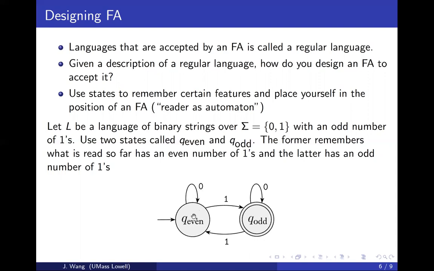If it's zero, then you remain the same. If it's one, from even, you add one, of course, you move to odd. Once you are in this state, if you read zero, it's not changed. But if you read one, then it's going to change, right? So this is a simple construction of this language.